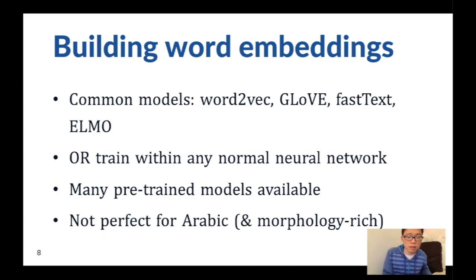I'll say that building word embeddings, I just want to note that it's not perfect for Arabic and for other morphology-rich languages. In other words, languages that do a lot of the grammar just inside of a word. Like in Arabic, ati huna fi or something like that. There's a lot of different things happening in that one verb.